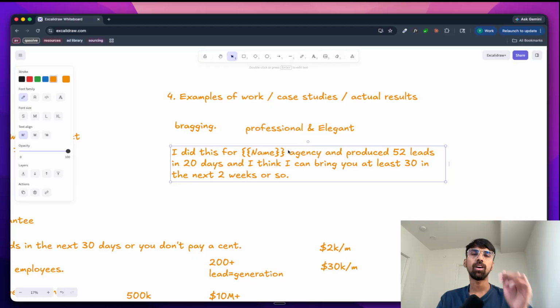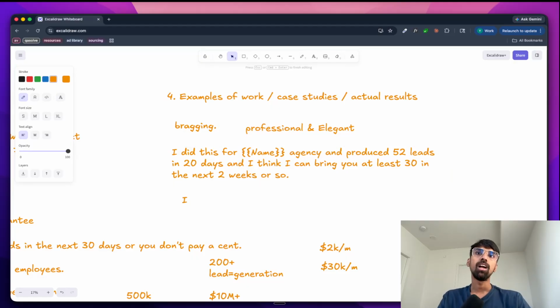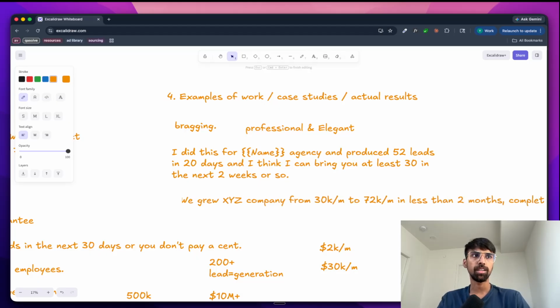This is exactly how you write case studies or actual results. For example, you can say, we grew XYZ company from 30K per month to, I don't know, 72K per month in less than 2 months, completely through cold outbound.